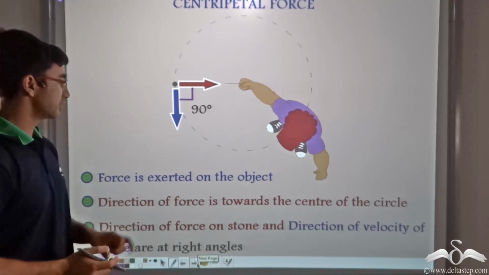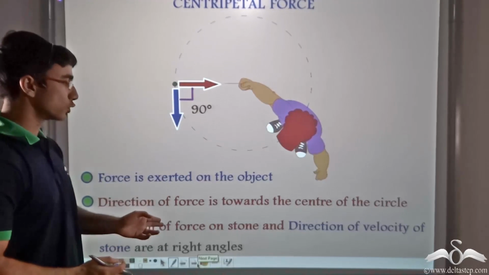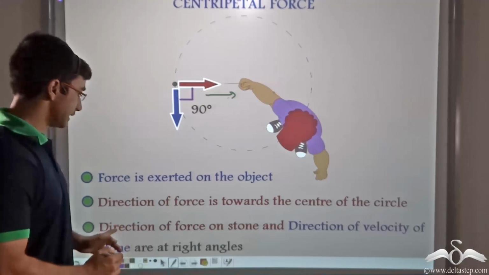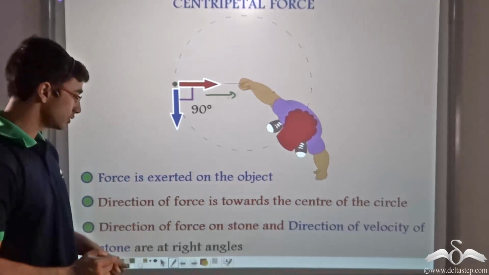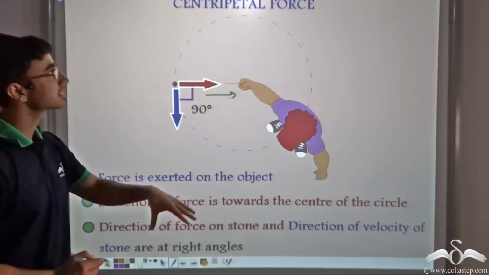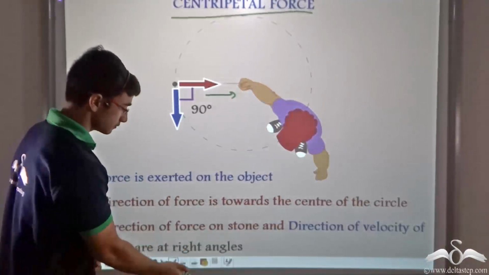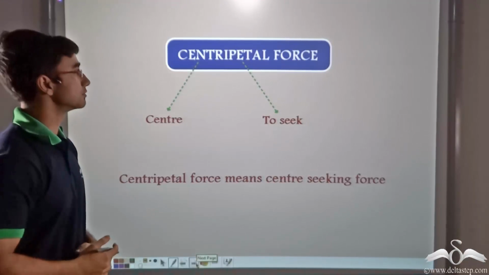So over here we see that force is being exerted on the object, direction of force is towards the center of the circle, and direction of force on the stone and direction of velocity of stone are at right angles. This kind of force is known as centripetal force. Now centripetal force comes from two Latin terms.